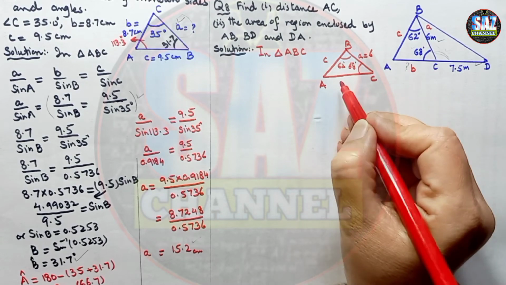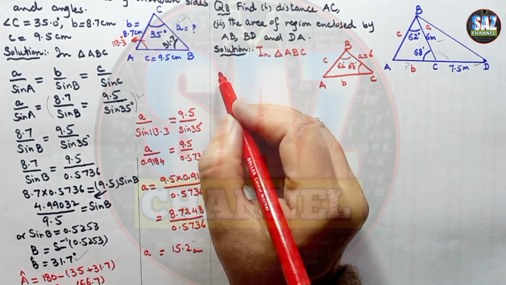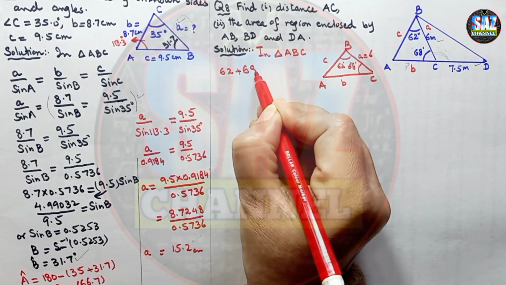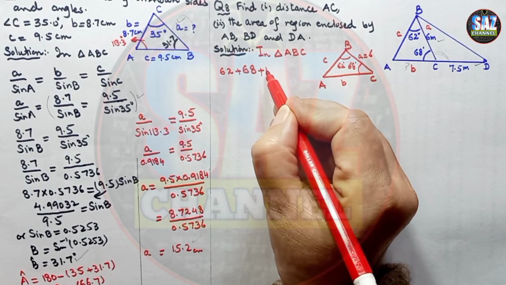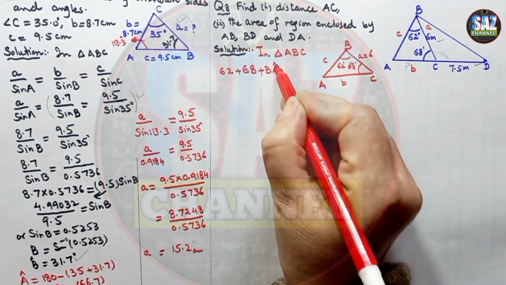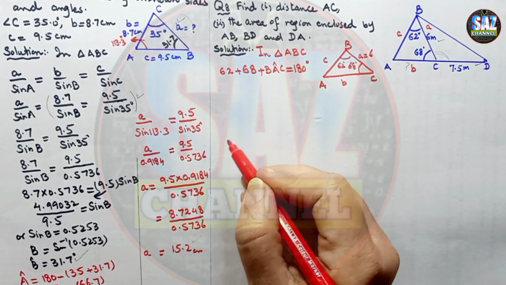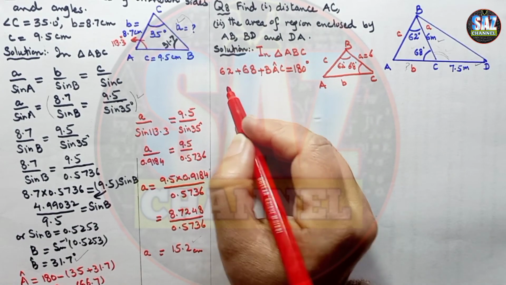And now what we can do is, 62 plus 68 plus angle BAC equals 180 degrees, the sum of interior angles of a triangle. 68 plus 62 is 130 degrees.